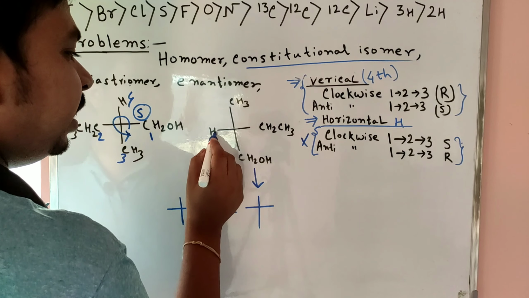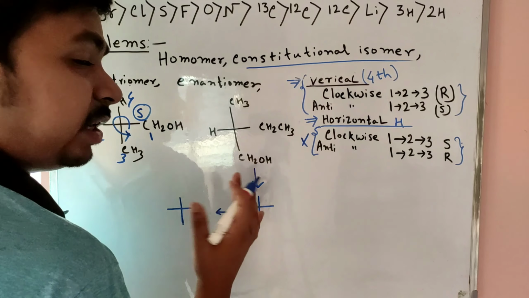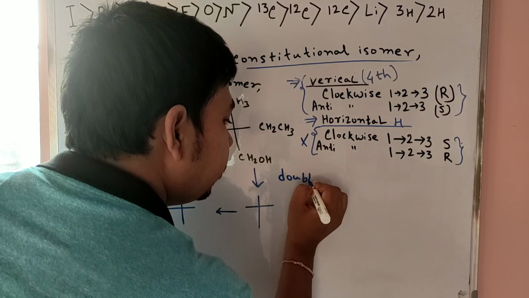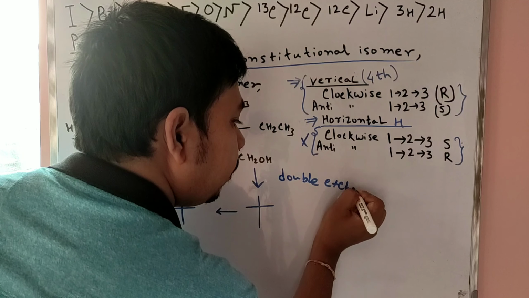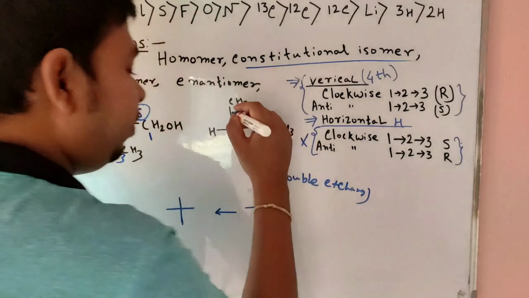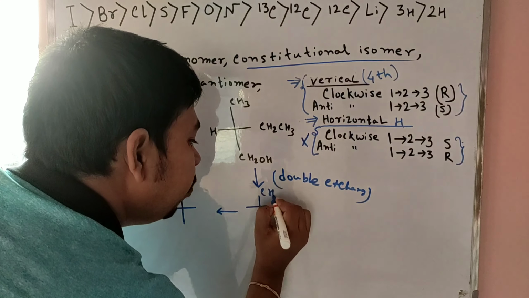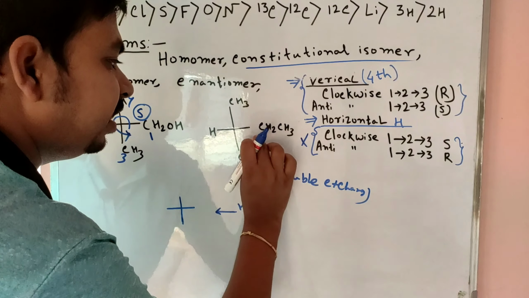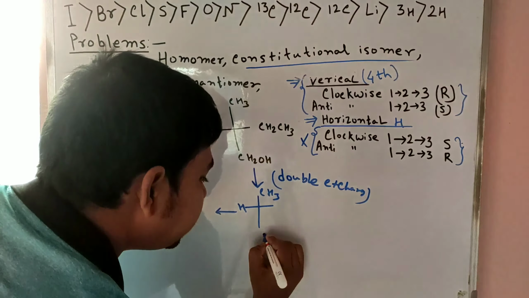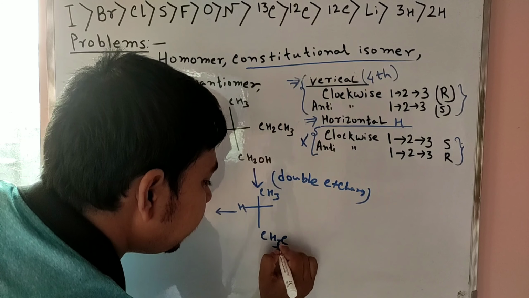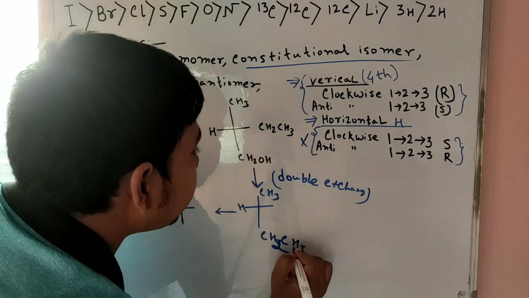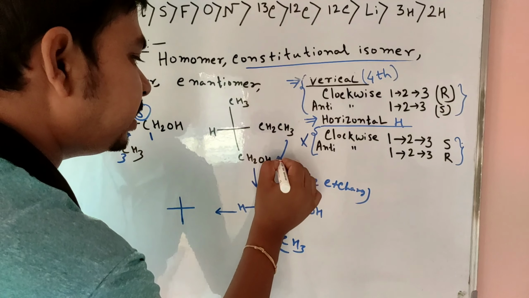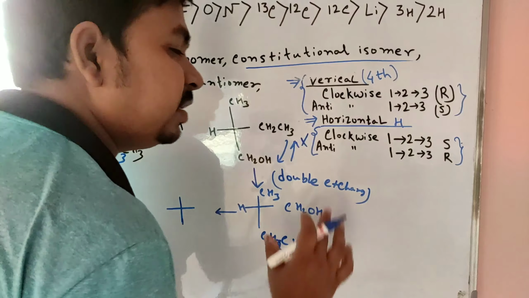So here hydrogen is horizontal. So what can I do? Here double exchange is the method. After double exchange, the CH3 group is simply placed, and hydrogen is the same, as we also discussed in our previous lecture. So here CH2CH3 and CH2OH: this is one exchange, where just these two groups exchange their position.